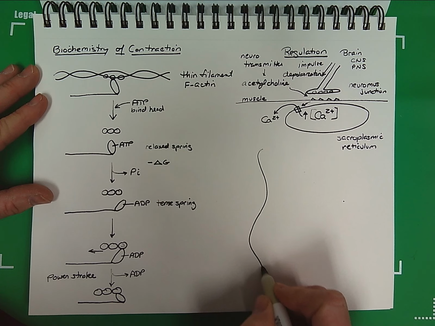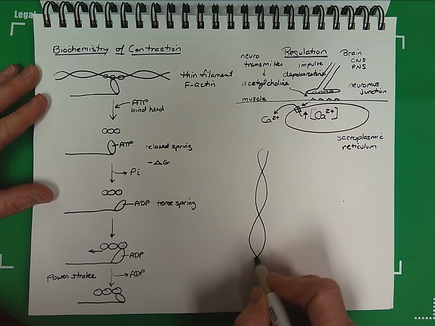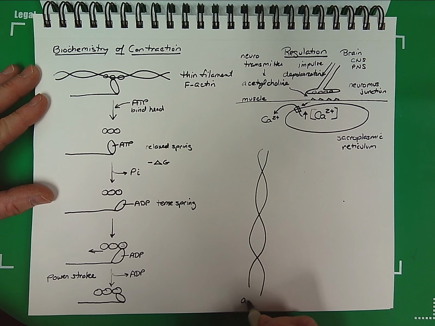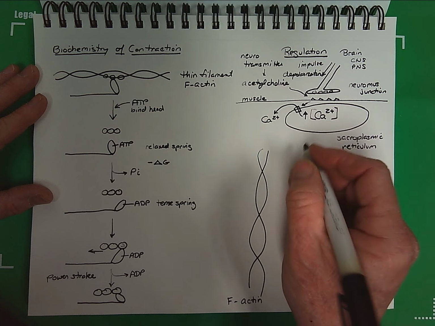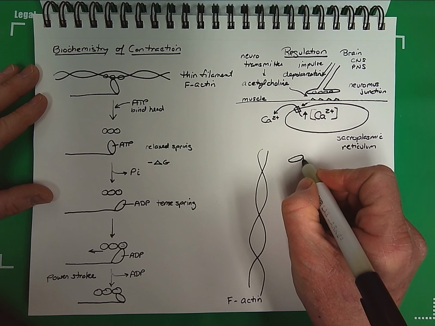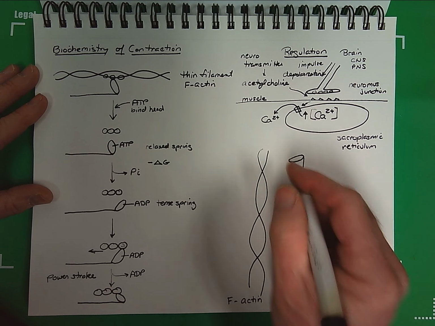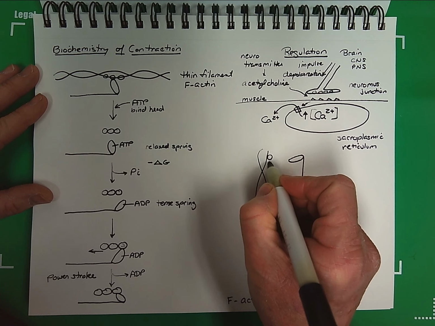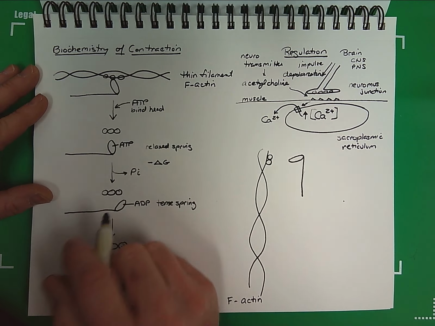Let's say this is the thin filament of actin. So this is our F-actin filament. And here is our myosin head. Here's our head, and here's the tail. There are complexes of protein that are bound to the actin filaments.